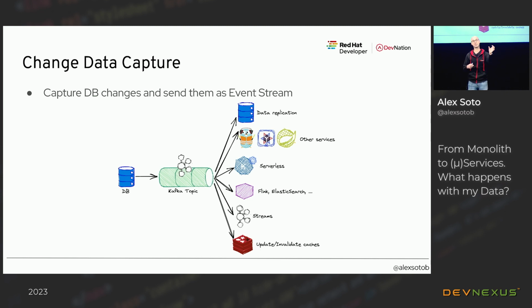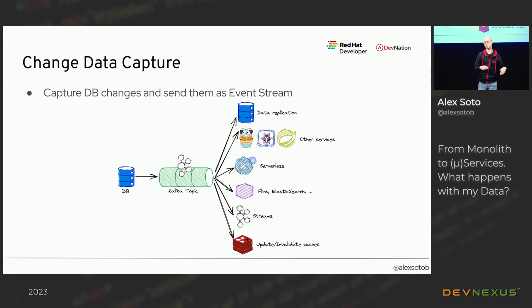You insert something in a database and it automatically generates an event to Kafka. And then you can have several modules listening for this event. So for example, you can have another database that listens to this new event and inserts the data. Or you can have another service that is just waiting until there is a new record in the topic and then reacts.